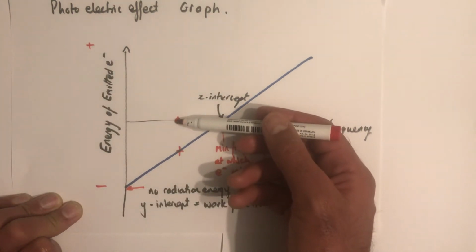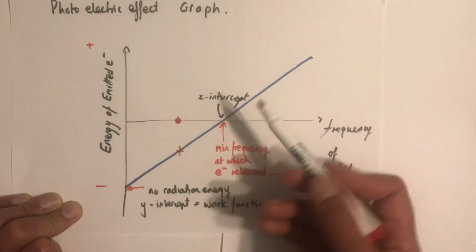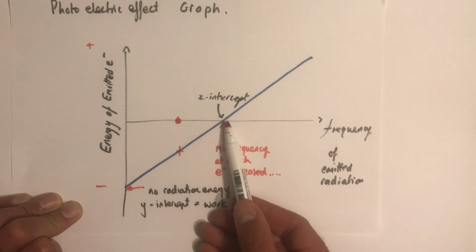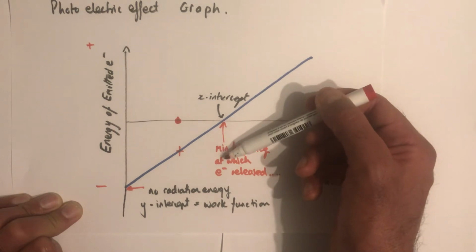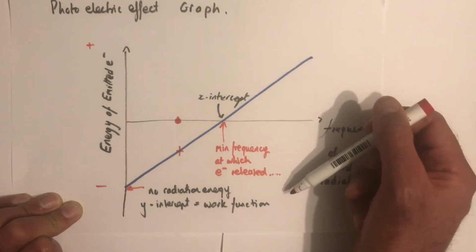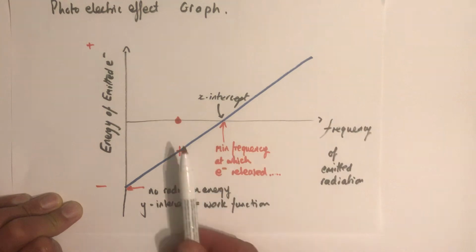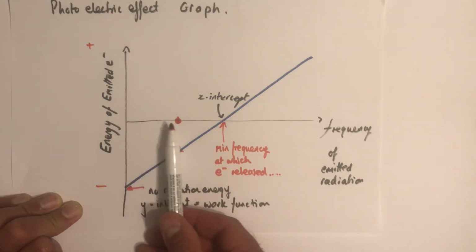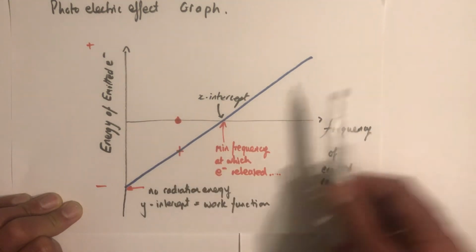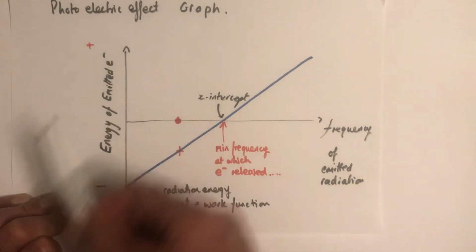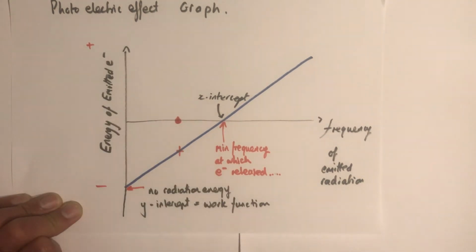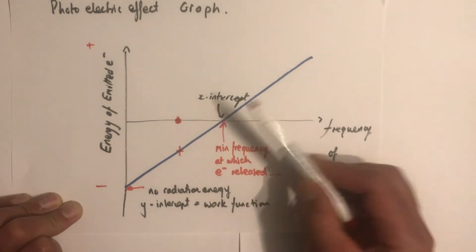I need to provide, for this particular system, this point on the graph, the x-intercept, marks the point where the frequency is the minimum frequency to release an electron. Okay, so only once the frequency goes higher than this point do we suddenly get positive energy emitted. We actually have kinetic energy emitted in the electron. So this is a really important point on the graph.